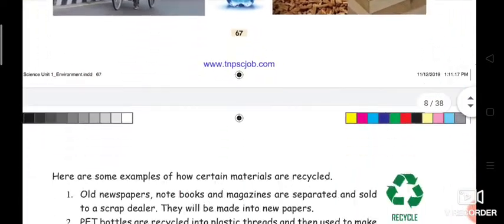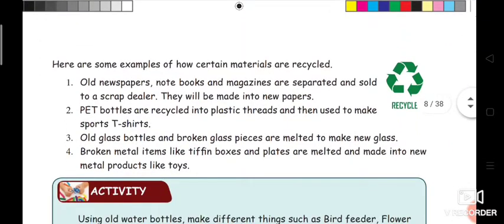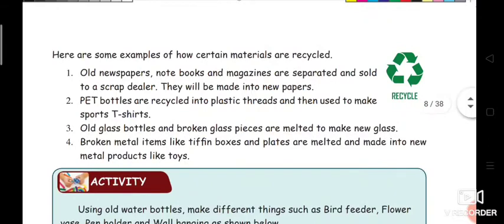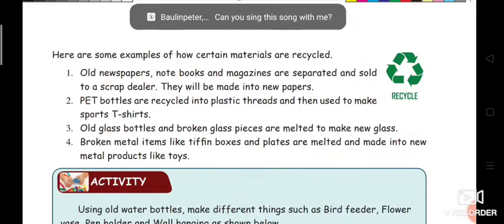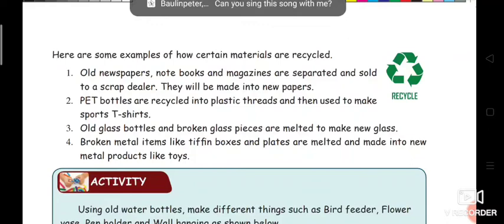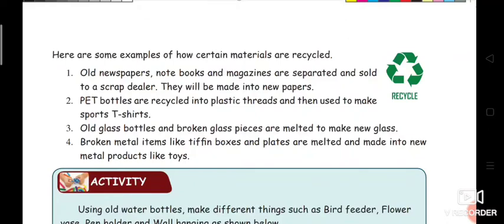Okay, next, here are some examples of how certain materials are recycled. So they have given some examples of how they are recycling some materials. The first point, old newspapers. Old newspapers, notebooks, and magazines are separated and sold to a scrap dealer.